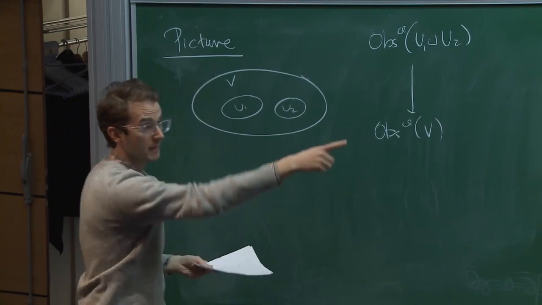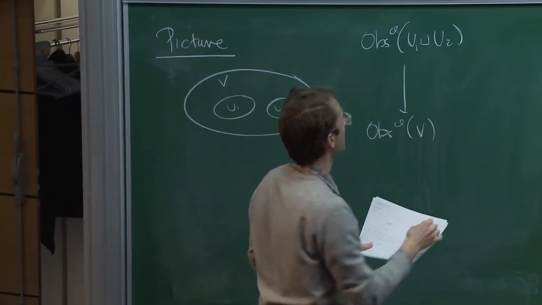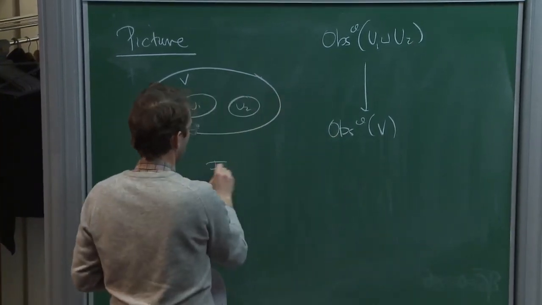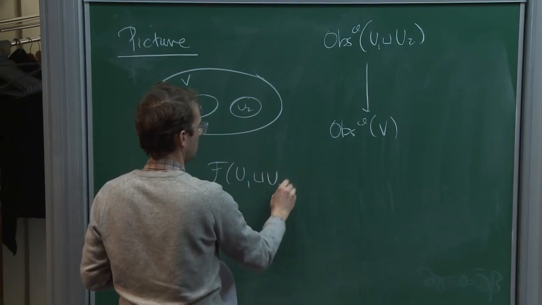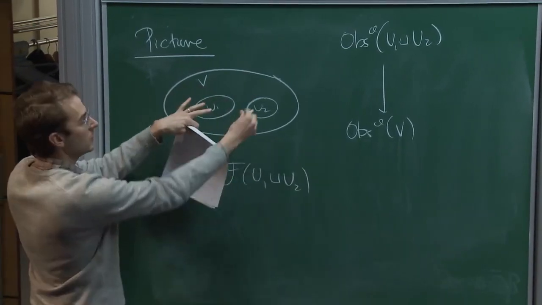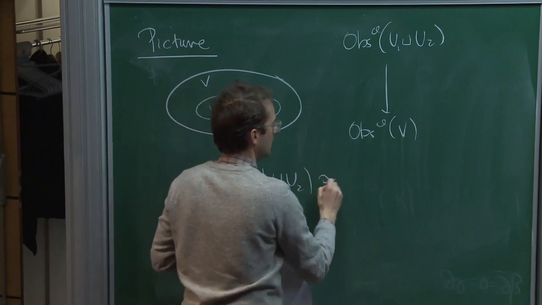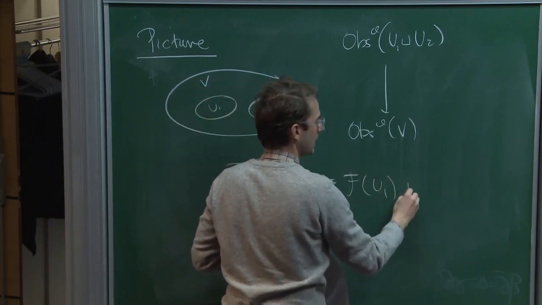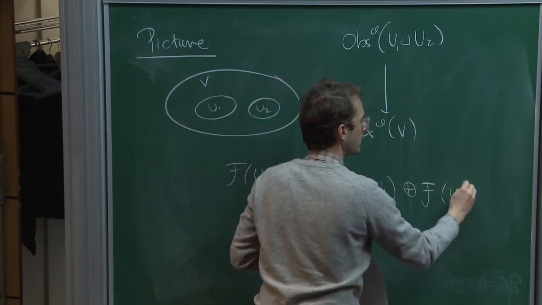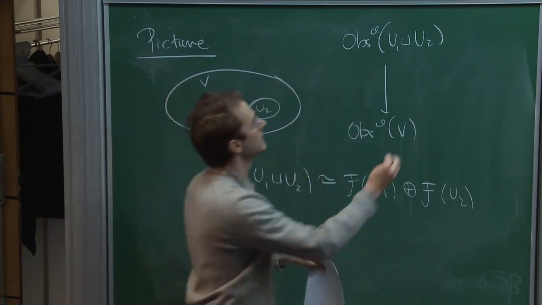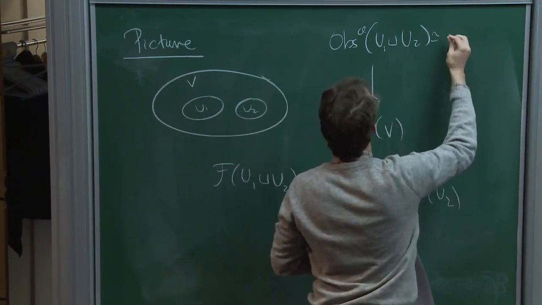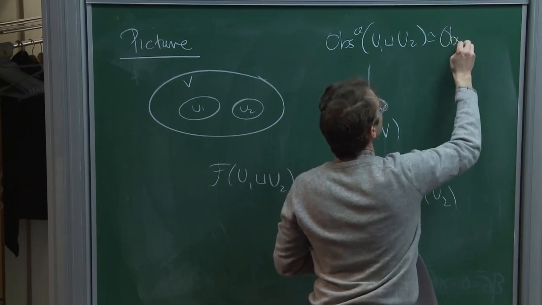That's this map from the classical observables. But we know that the fields on two disjoint open sets is equivalent to the fields on one open set direct sum the fields on the other open set, which means that this thing is actually the tensor product.